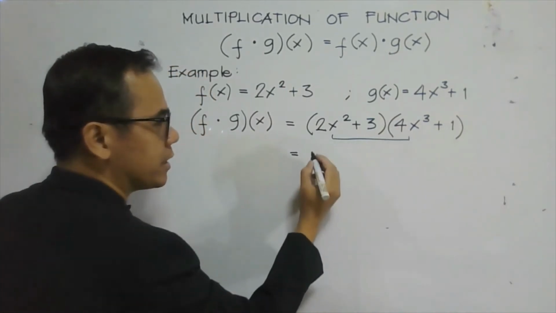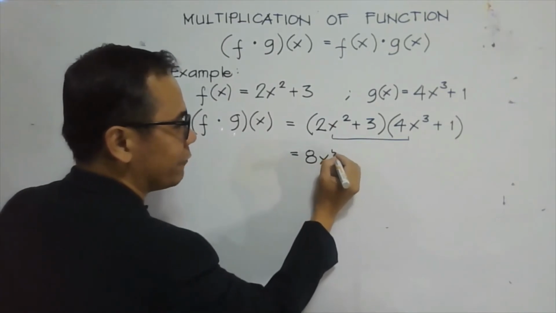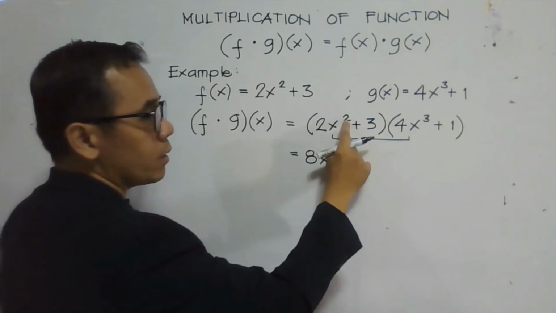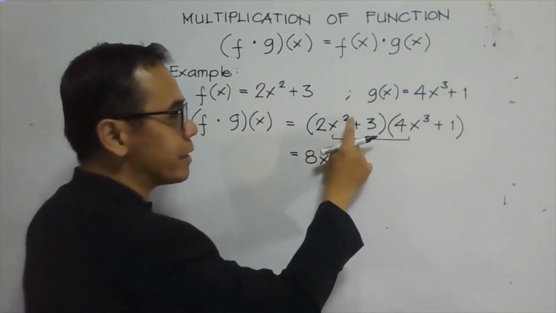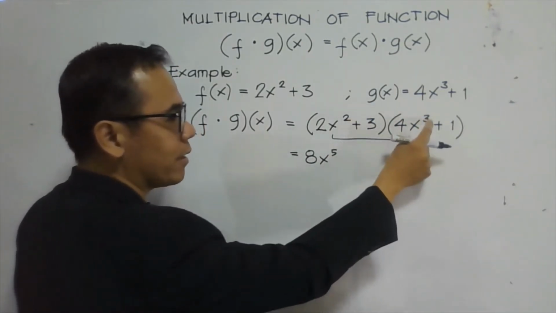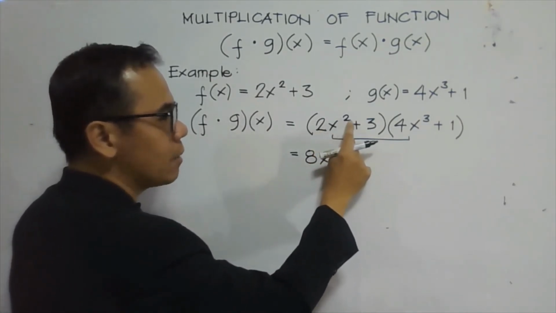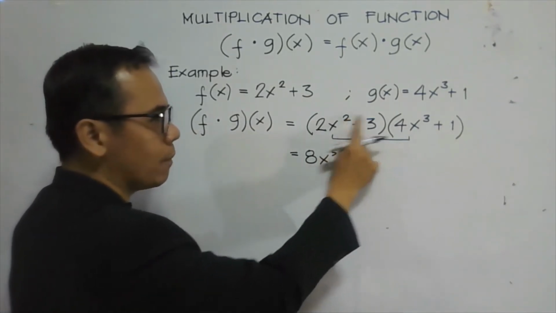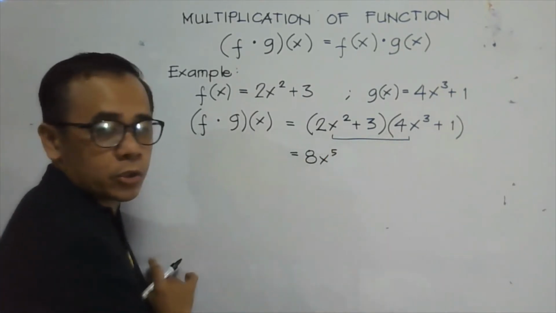That is equal to 8x to the fifth. Now remember the rule of the exponents in multiplication. You just have to add the exponents of the variable. So in this case, we have 2 plus 3 is equal to 5. So when we multiply x squared multiplied by x cubed, it is equal to x to the fifth. 2 plus 3 is equal to 5, and then 2 times 4 is equal to 8.